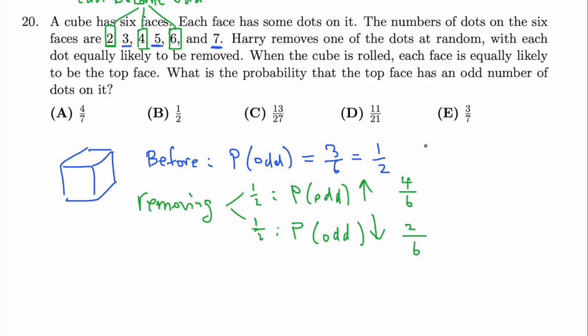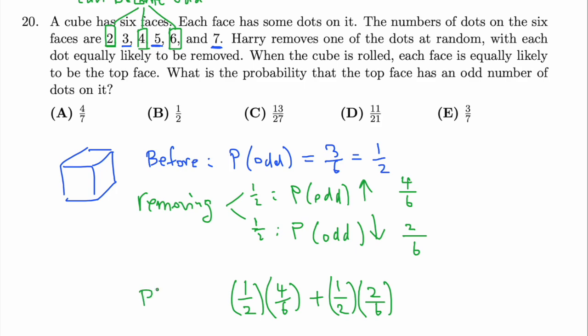So what's the probability that the top face has an odd number of dots on it after removing? On the surface, it seems like it shouldn't change the probability, right? Because 1/2 of the time you're going to end up with 4 out of 6, and the other half of the time you're ending up with 2 out of 6. So what's the total probability?